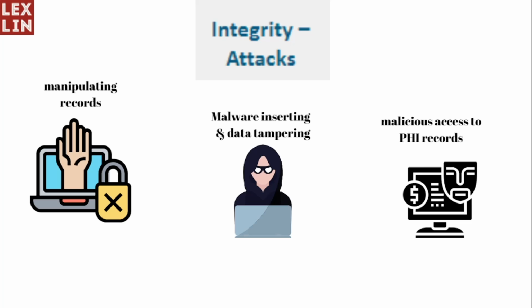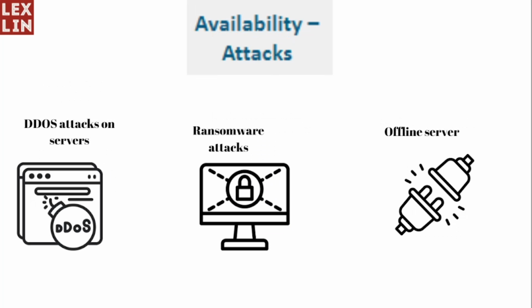Another example is malware installed on a server containing critical data, and that malware starts to tamper with the data. The integrity is compromised. Somebody accesses PII records maliciously and alters the data. That data no longer has integrity.